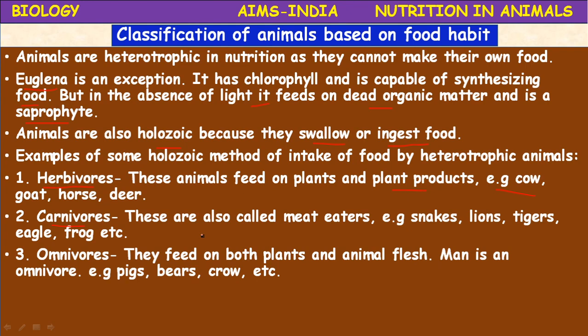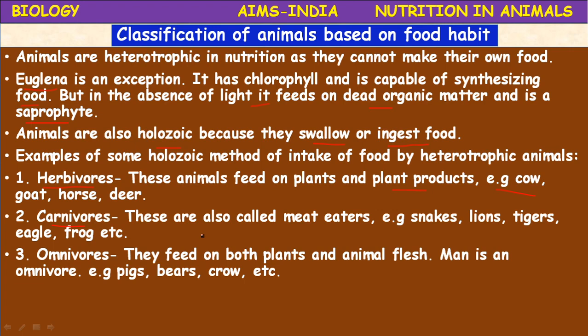Next, omnivores. Omnivores means these are the animals which feed on both plant and animal food materials. Example: human being. Man is an omnivore. Crow, bear, pigs, ants, cockroach. So these are all omnivores. Try to add to the list.